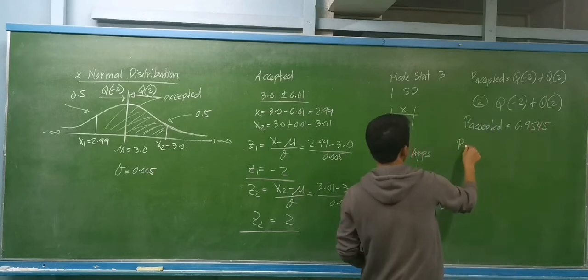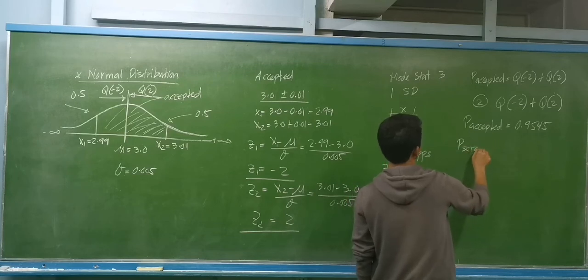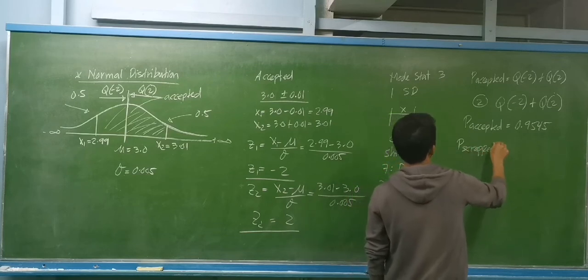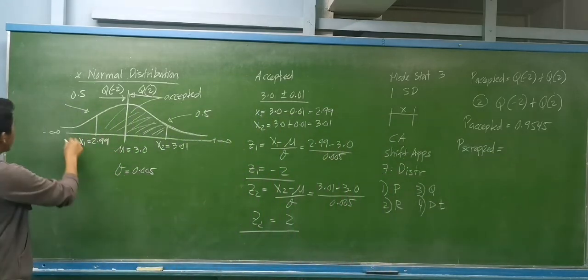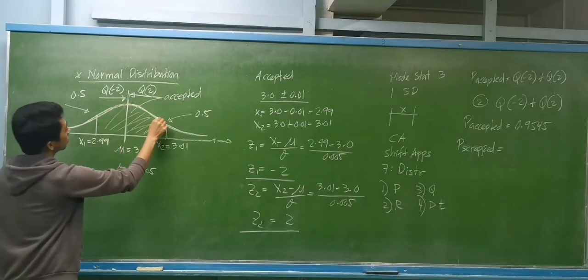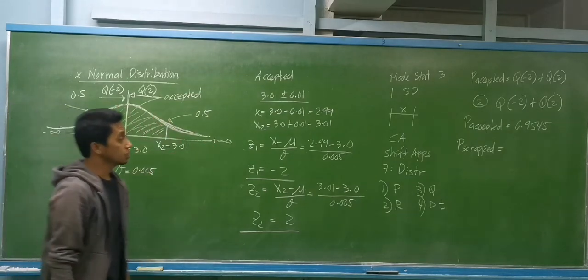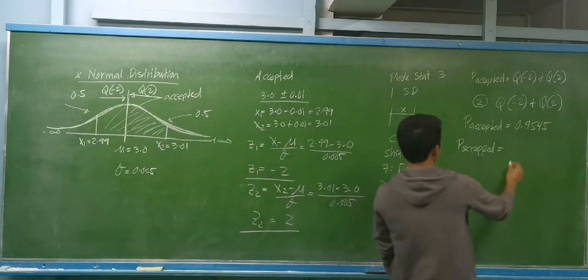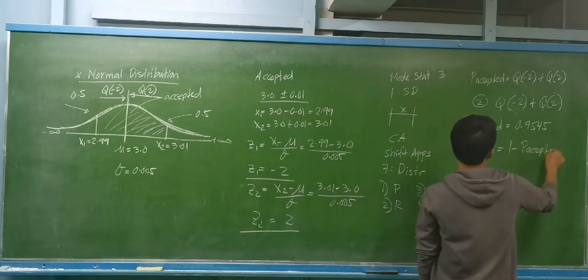What is the probability of scrap? For the scrap, okay, we say that the total area under this curve is equal to 1. So, the probability of scrap is 1 minus the probability of the accepted values.